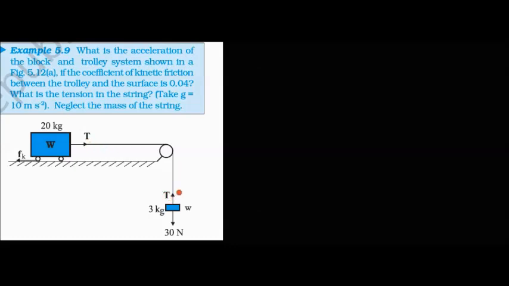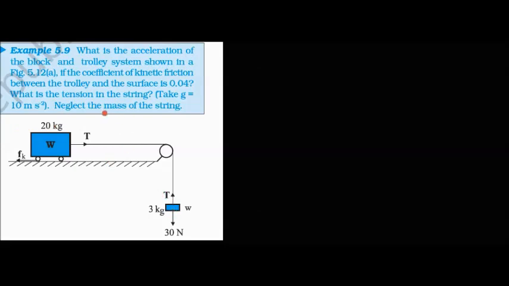Throughout the problems that we are doing in this chapter, even though this particular sentence is not mentioned, we are assuming that whatever situation we take, the string will be a massless string and the string will be inextensible. So the tension throughout one string will be the same and the acceleration of both the objects will be the same.